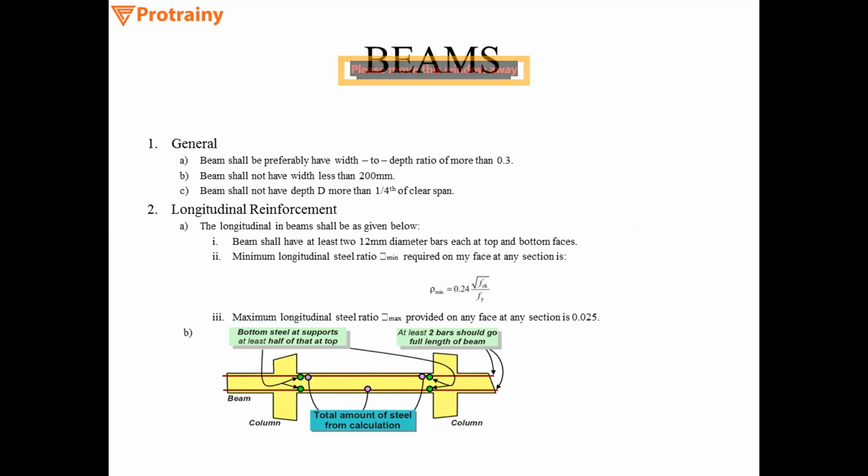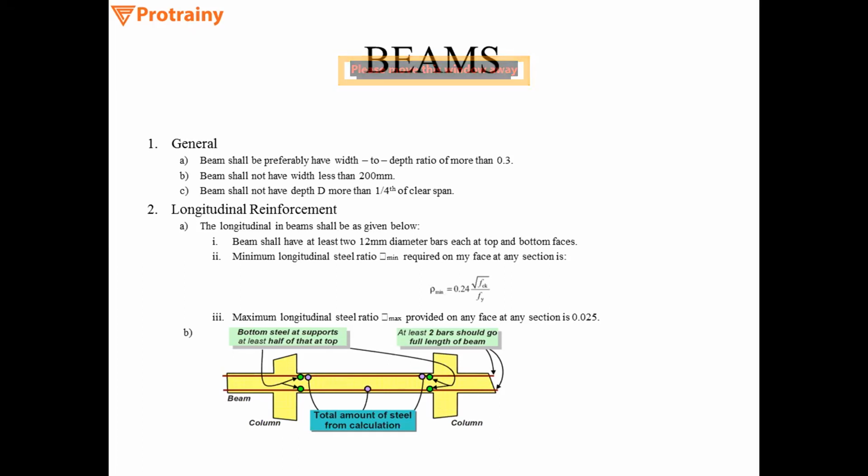As we have already studied in our BTech, diploma or masters basics, a beam needs to have a greater depth than width. There are several conditions where depth cannot be more than the width, but preferably we need to have a greater depth in the beam rather than the width.